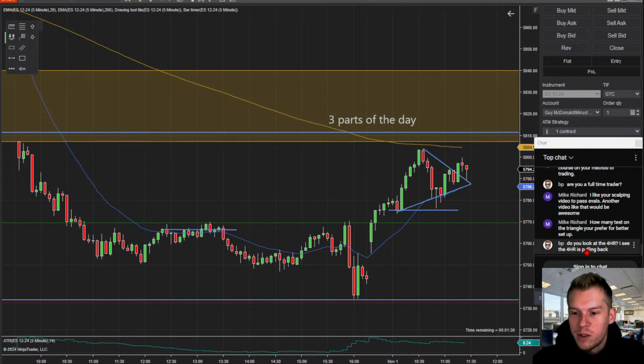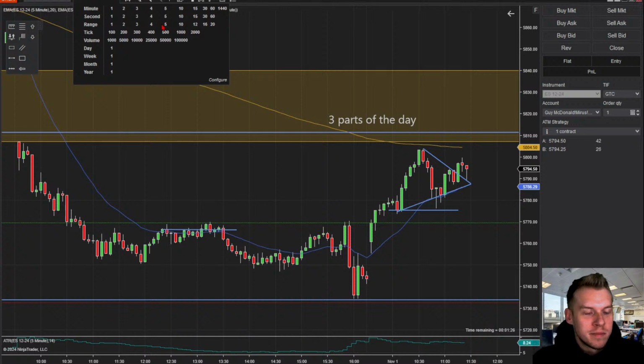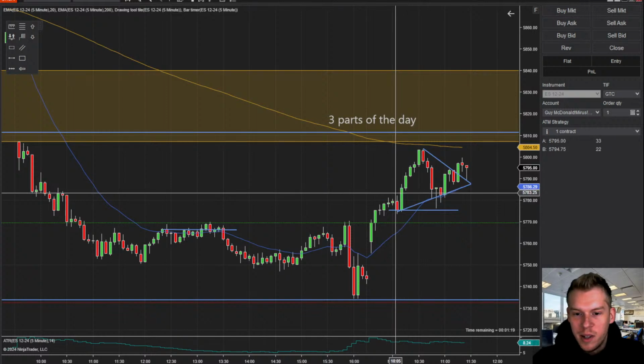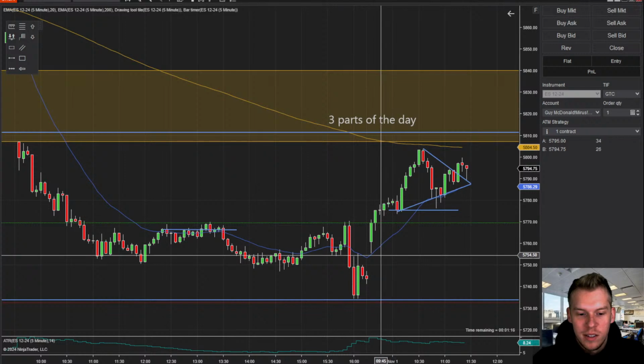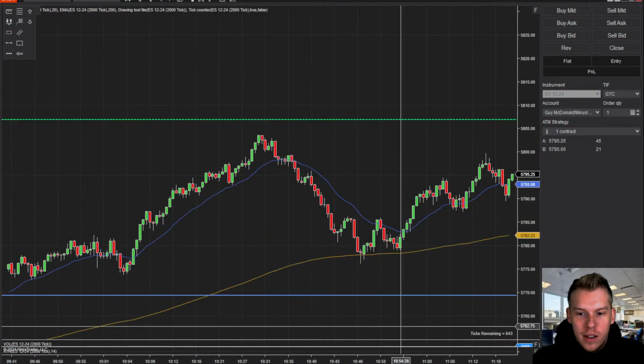Do I look at the 4-hour chart? I really don't look at the 4-hour chart. That's probably because I do just trade intraday. And the 4-hour chart would just be like 2 bars during the day. I can pull it up.